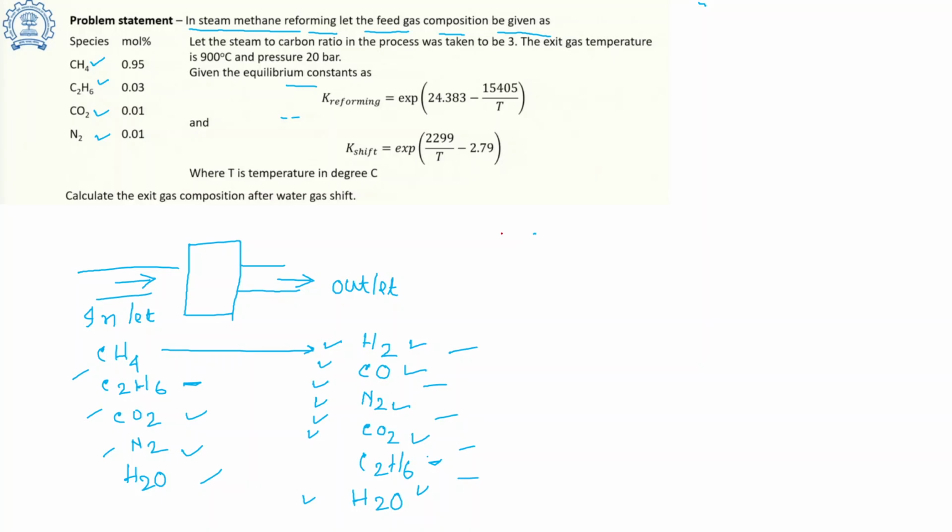First make one table: CH4, all the gases, C2H6, carbon dioxide, water vapor, N2, carbon monoxide, hydrogen.